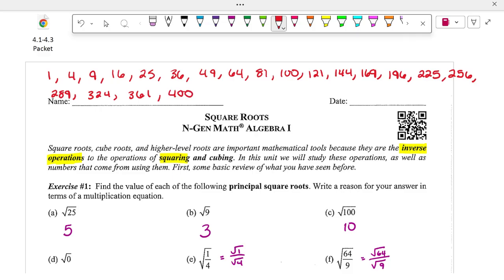So that is 1 through 20 in order, the perfect squares. You guys need to know that one from memory. At the very least, I expect you to know 1 through 15. And the last 5, you just got to learn them.